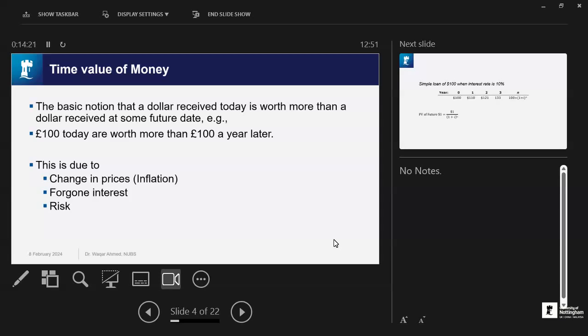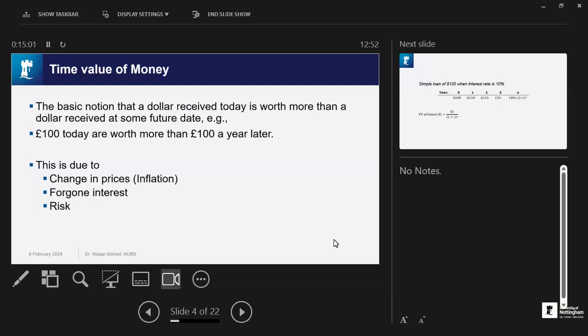Put it in a bank or some other investment opportunity. If you deposit that $100 today, assuming an interest rate of 10%, that $100 in a year's time would translate into 110, right? So if you have the $100 in a year's time instead, you're $10 worse off, because you could have invested those $100 today and they would have translated into 110 in a year's time.